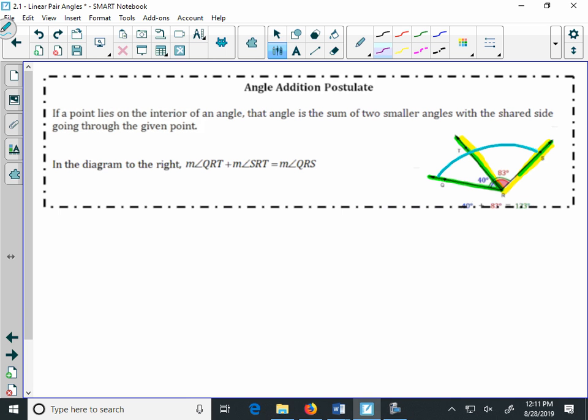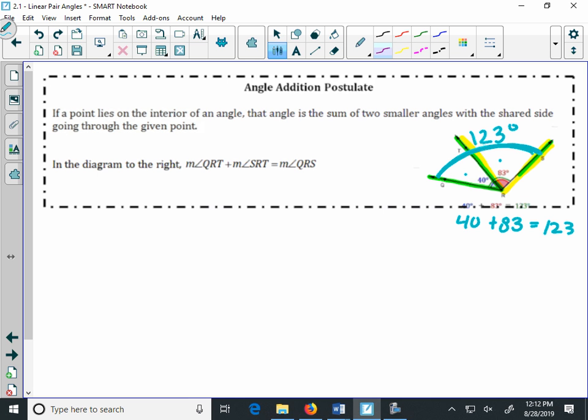So when we add the two little angles together, what do we get when we do 40 plus 83? 123. That means the measure of this big angle is 123 degrees. That's the angle addition postulate. Add the two little angles together and it equals the big angle. Questions over that?